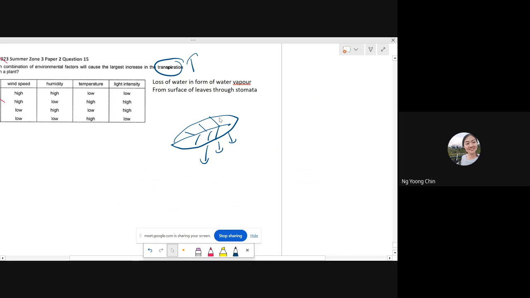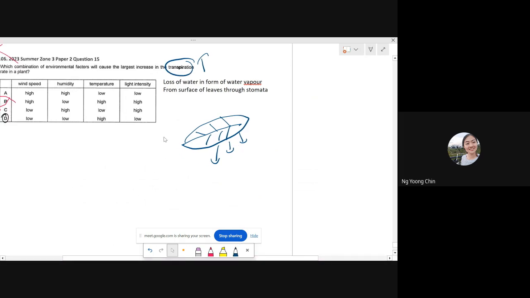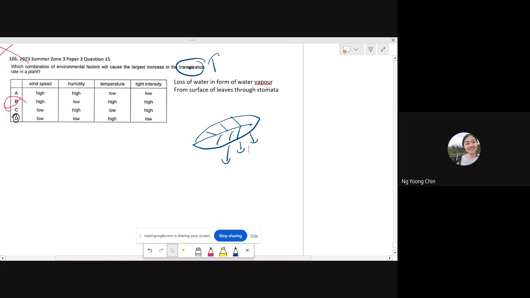So what are the factors that cause the transpiration rate to increase? Meaning, what are the factors that will cause more water loss from the leaf? You have about four factors, right? Wind speed, humidity, temperature, and light intensity.